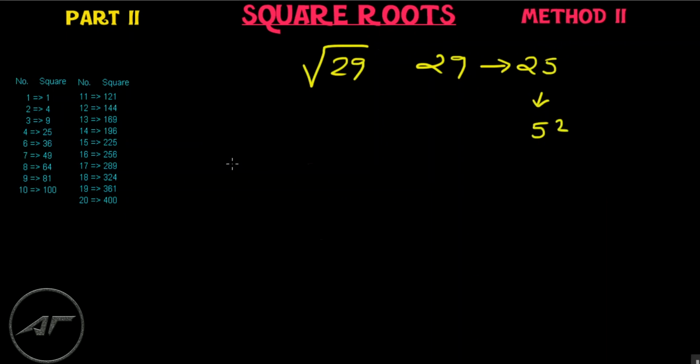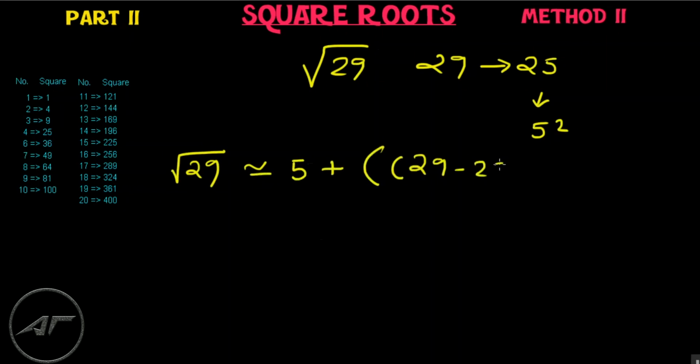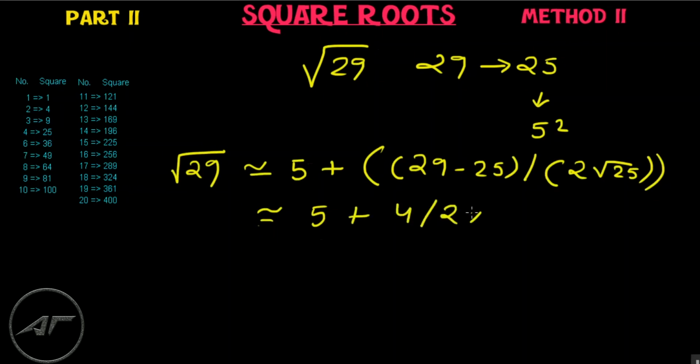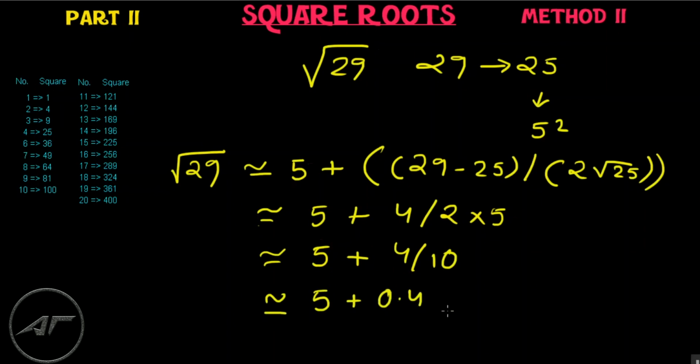Therefore, the closest approximation of the square root of 29 would be 5 plus (29 minus 25) by 2 into root 25, which would be 5 plus 4 by 2 into 5, which is 5 plus 4 by 10, 5 plus 0.4, 5.4, right?